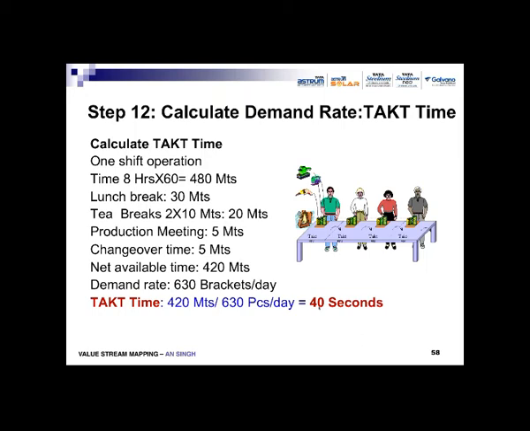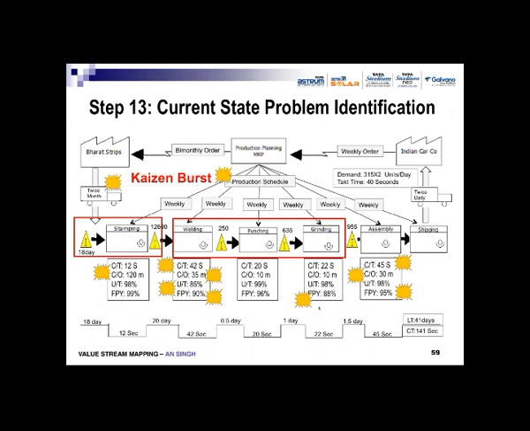Lunch break is 30 minutes, two tea breaks in the forenoon and afternoon are 20 minutes, a production meeting where production stops and all the operators come to the supervisor and discuss is 5 minutes, changeover time is 5 minutes. Net available time after reducing all these interruptions is 420 minutes, and demand rate is 630 pieces per day. So 420 minutes into 60 seconds divided by 630 pieces per day means the takt time is 40 seconds. This way the takt time is calculated.